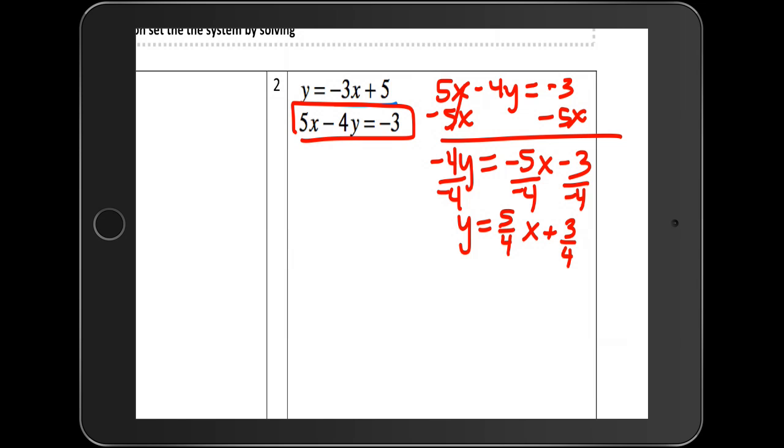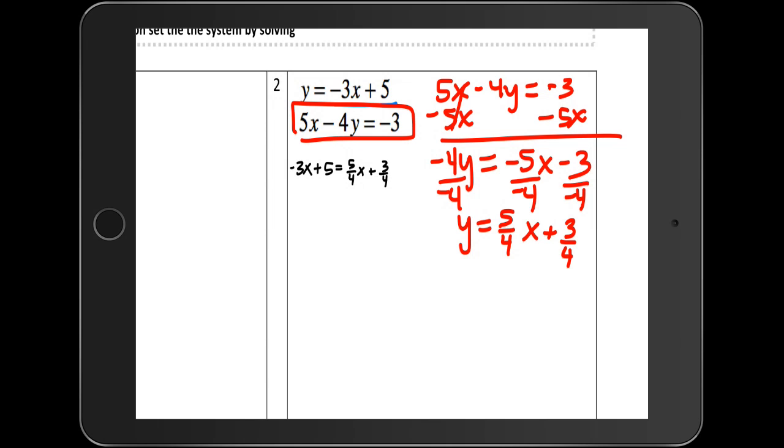My next step would be to set these two equations equal to each other. So I should actually write down negative 3x plus 5 equals 5/4 x plus 3/4.